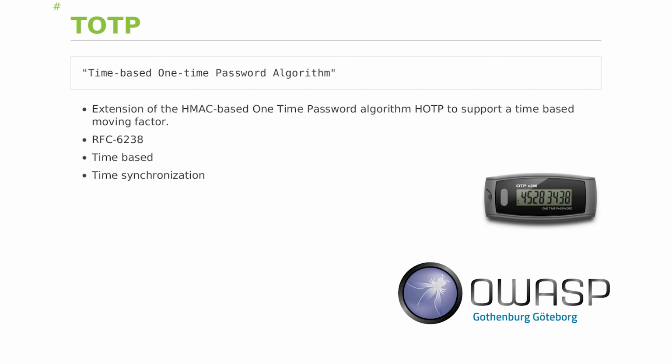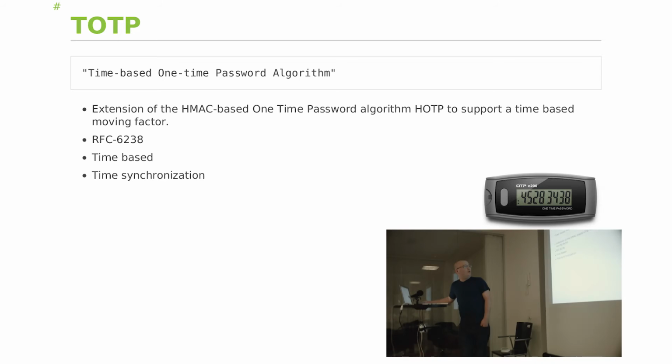So someone came up with TOTP, the time-based one-time password algorithm. It's an extension of HOTP that instead of a counter uses the current time. It's also standardized as an RFC. It requires time synchronization, which might be a problem for some. It's very much the same algorithm as HOTP, but uses current time instead of a counter.